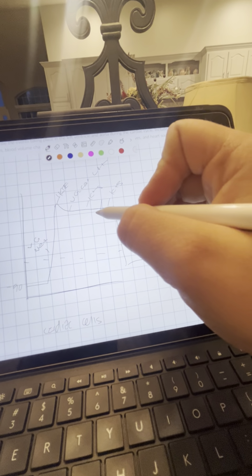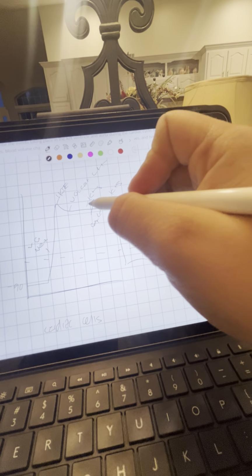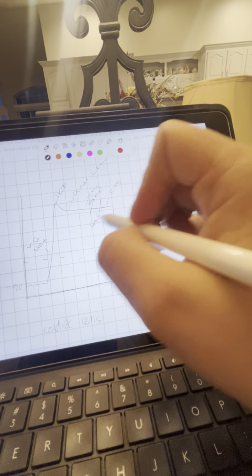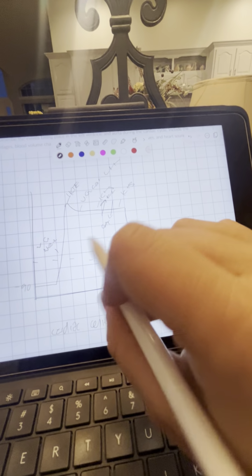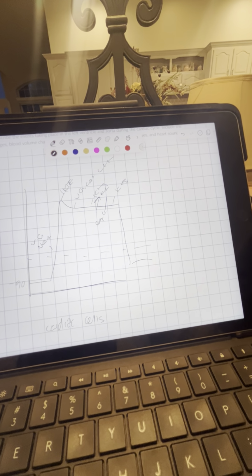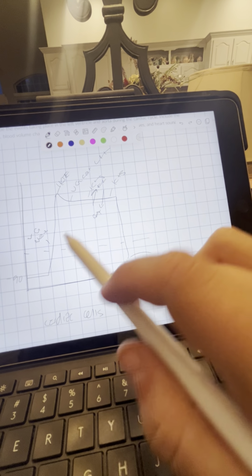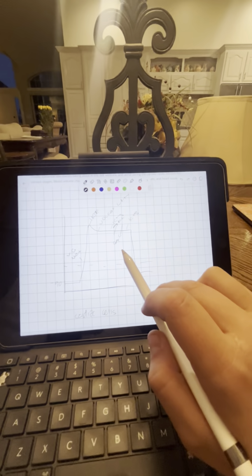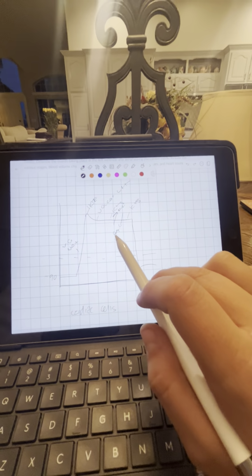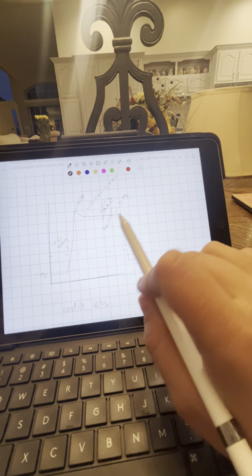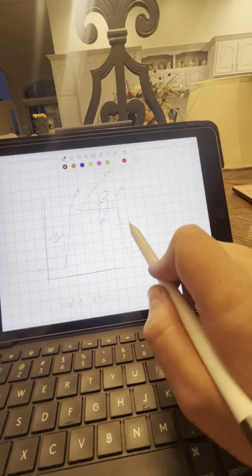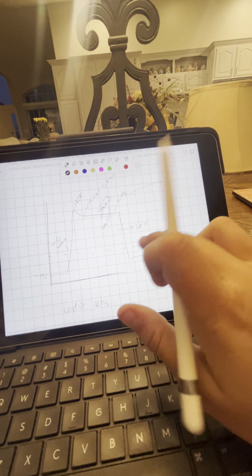You have calcium coming in, but you have potassium leaving, so that causes this plateau. The plateau, when all the calcium is inside, is what allows your contractions. Your contraction actually happens during here because you need that calcium to come in in order to contract. But eventually you don't have any more calcium, and so the potassium just overpowers.